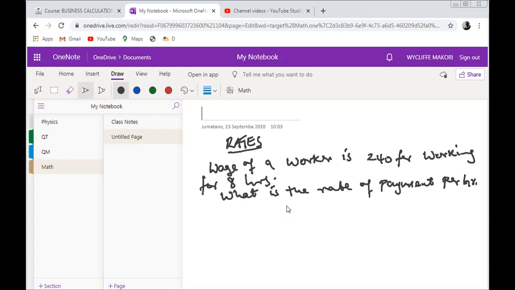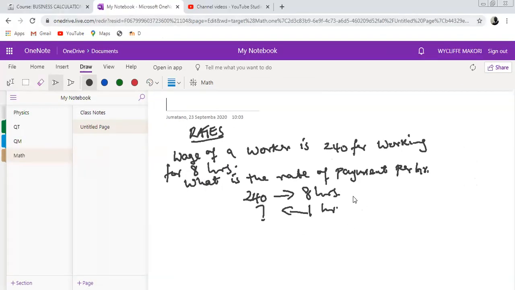You can say 240 shillings is equivalent to 8 hours. What about 1 hour? You can cross multiply and divide accordingly to get that answer. It is going to be 1 times 240 over 8 hours.